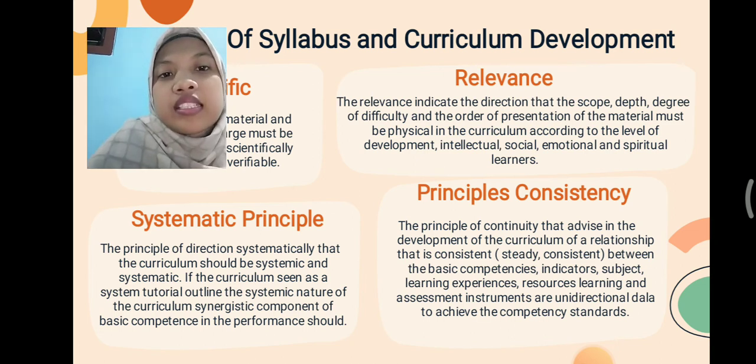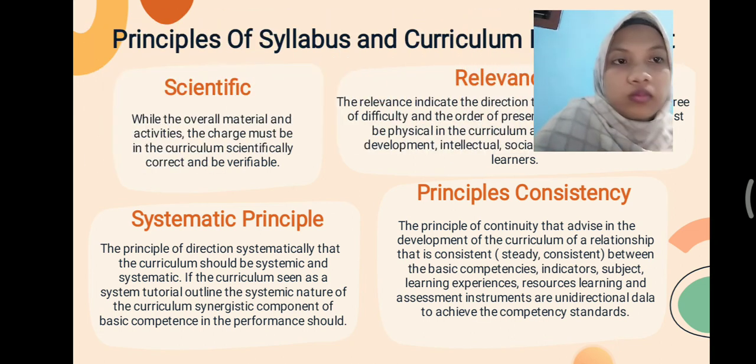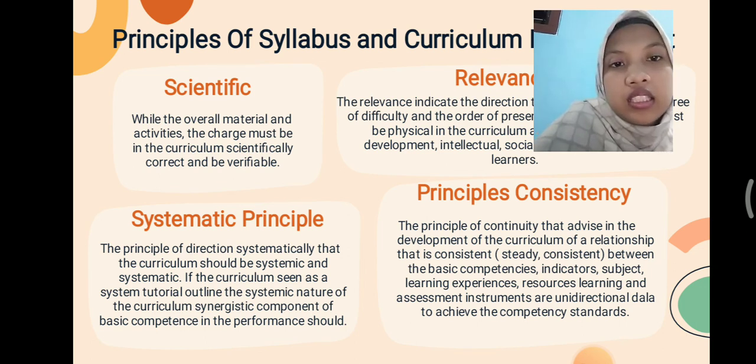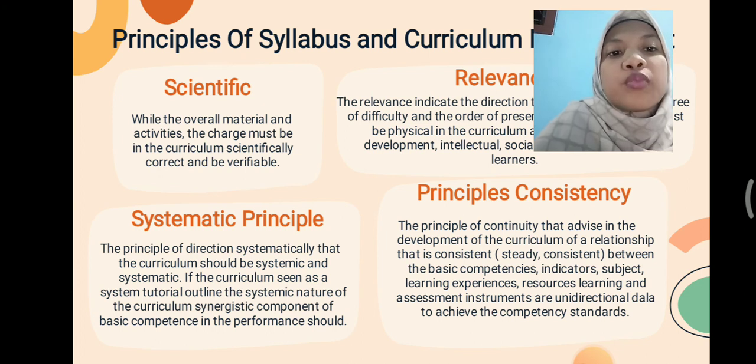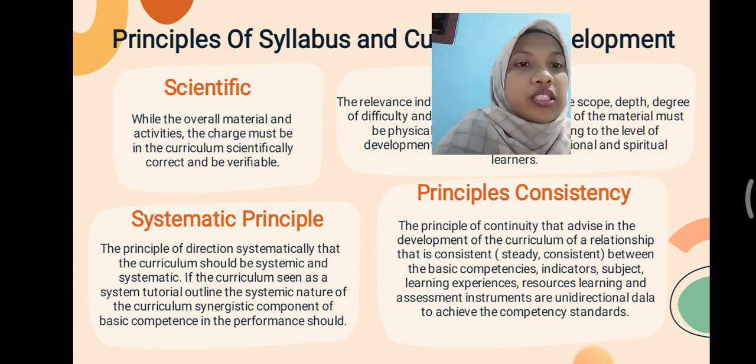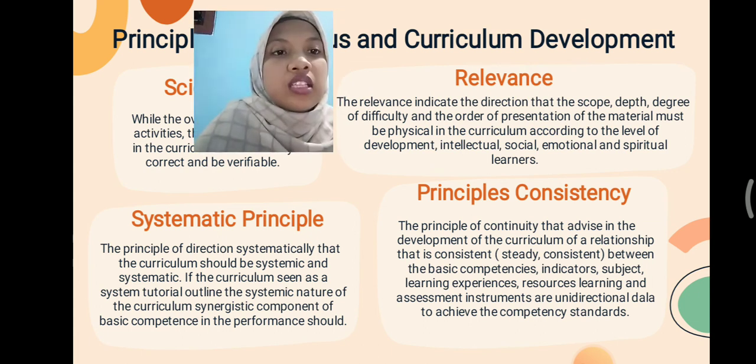And then systematic principle. The principle of direction is that the curriculum should be systematic. If the curriculum is seen as a system, the systematic nature of the curriculum is a synergy of components of basic competence in the performance. And then principles consistency.